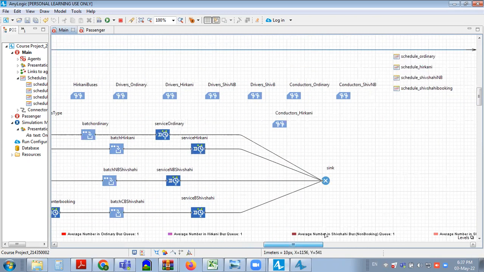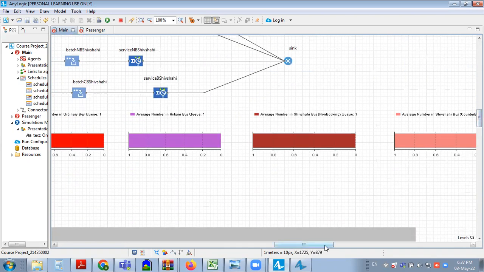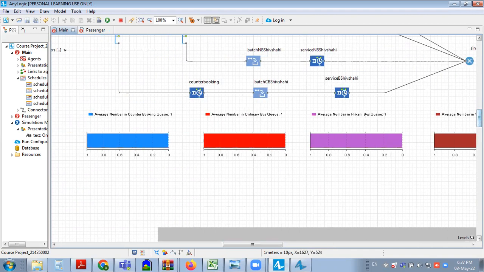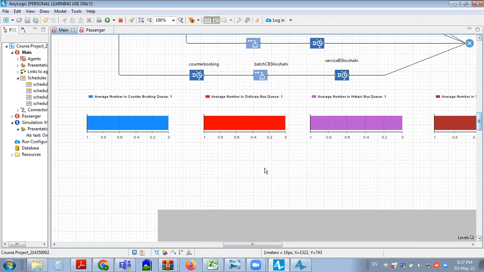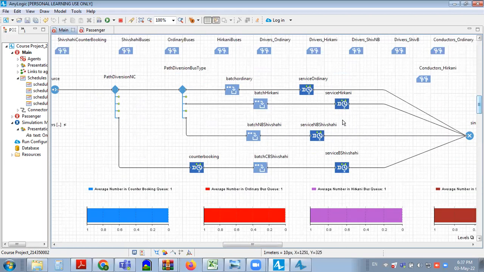From this I have tried to understand the impact, and 4 or 5 parameters I have tried to measure, and I also added a simulation animation of that. The parameters measured are typically the average number in the counter booking queue and the average number in these queues.